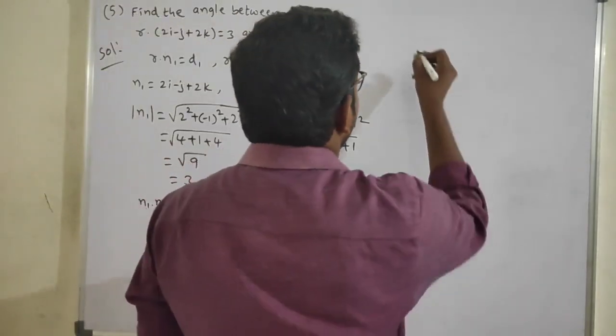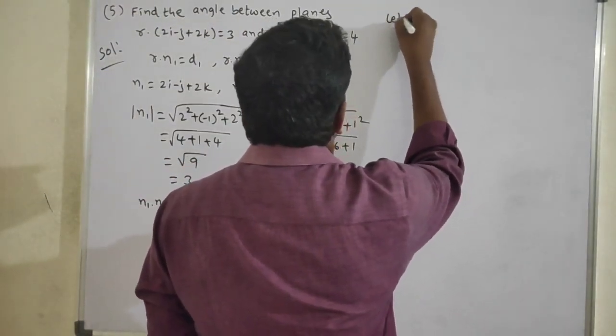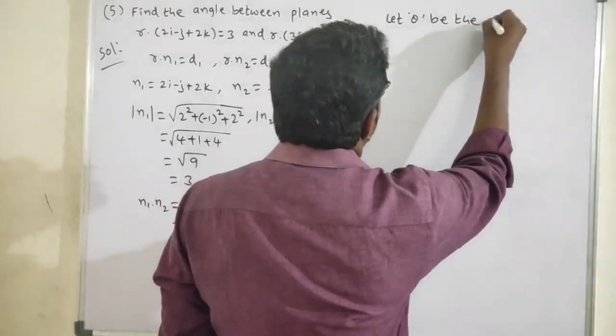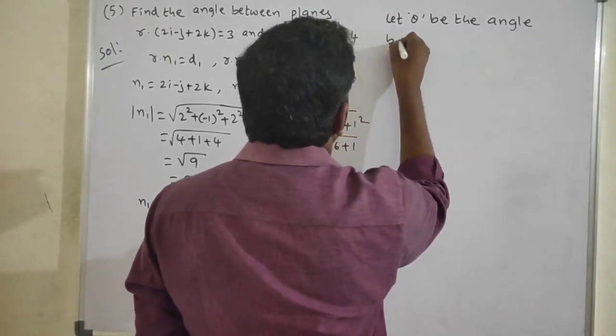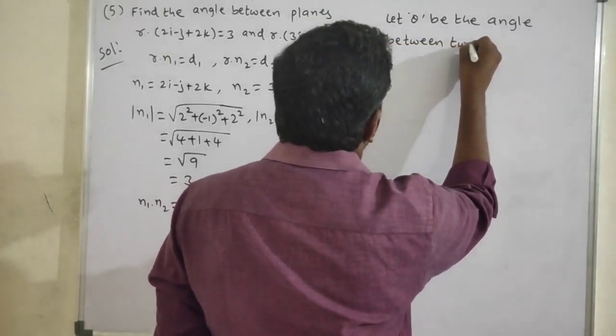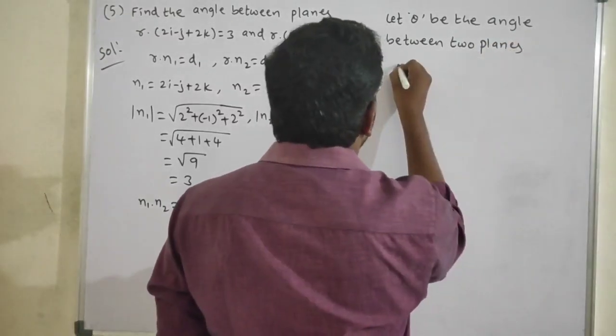Now we have to find cos theta. Let theta be the angle between two planes. So what is the cos theta formula?